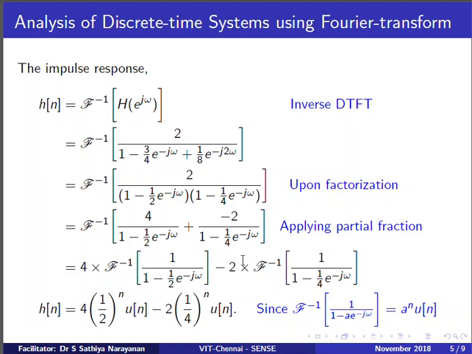The second term is minus 2 times 1 divided by 4 raised to the power n u of n. Therefore, we have obtained the impulse response of the system.